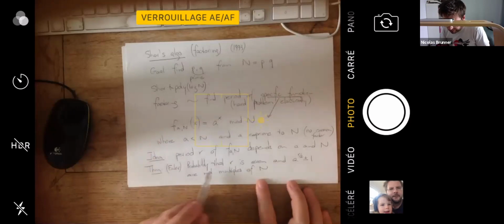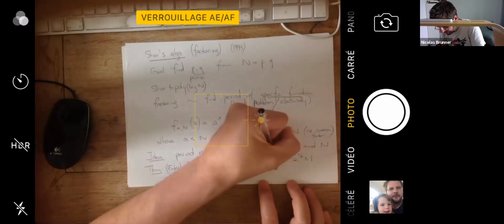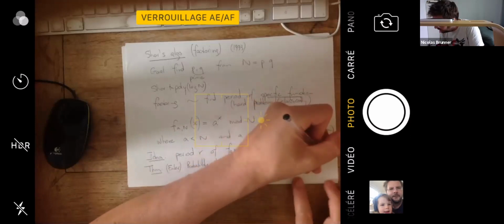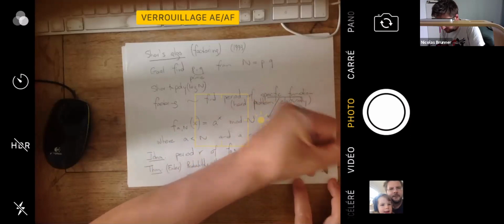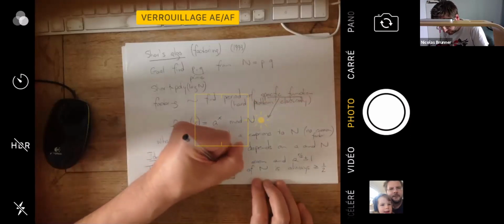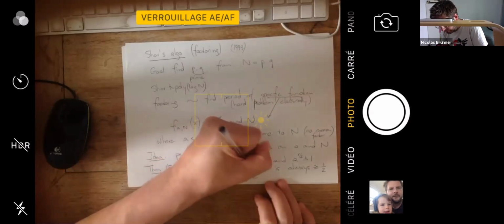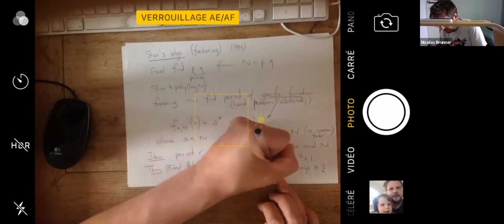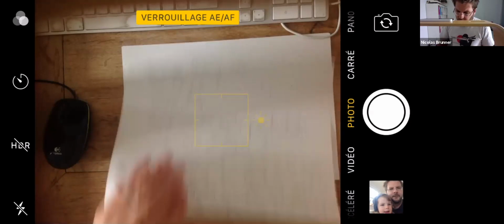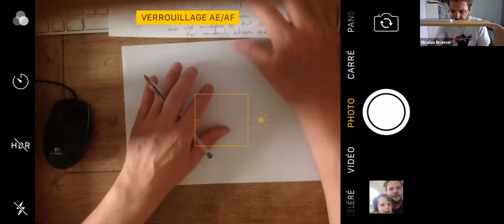The probability that both of these things are true together is always larger or equal than 1/2 for a randomly chosen a smaller than n. Okay, so let's see why this is good for us.